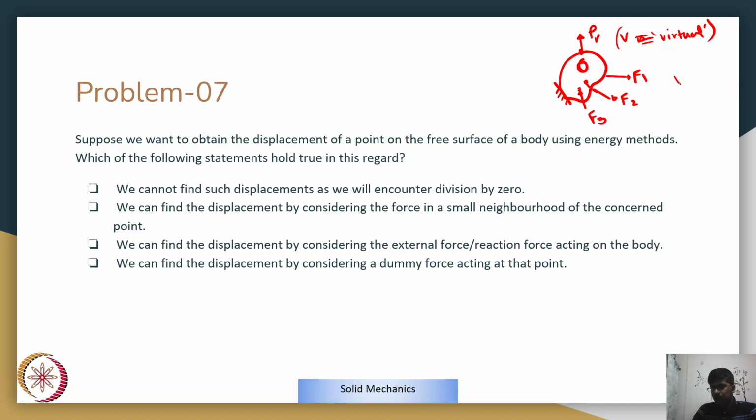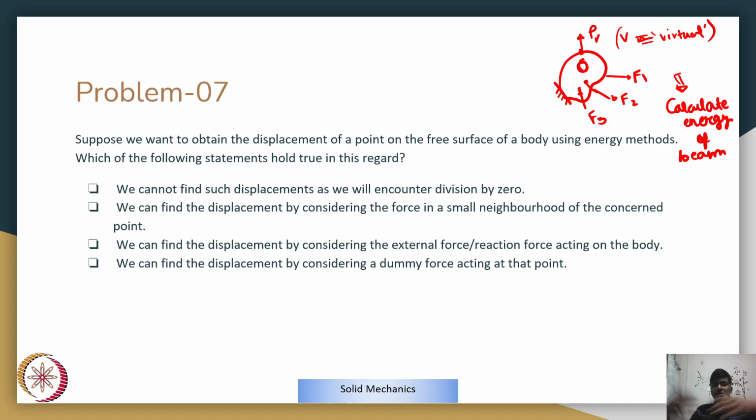For this, you calculate the energy of the body. We know how to calculate the energy of the body in the case of a beam.